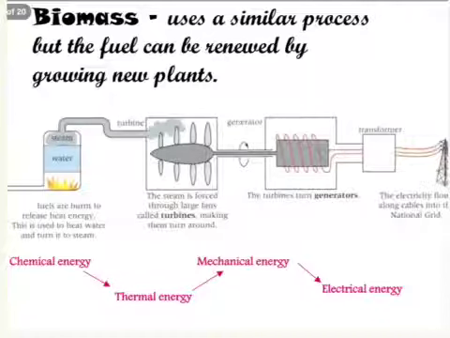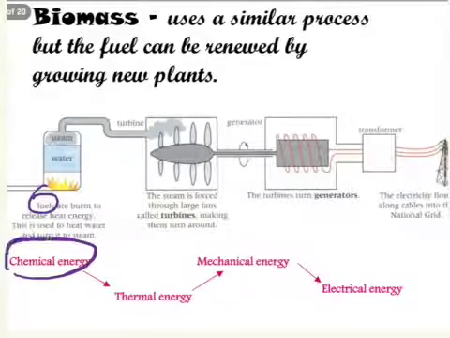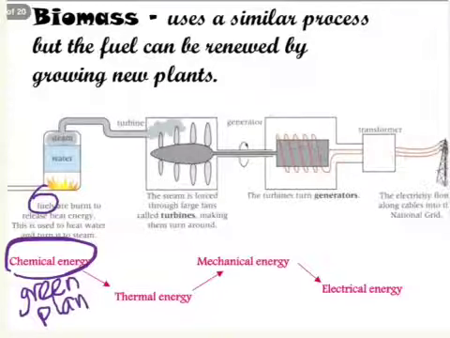Biomass uses a similar process to burning fossil fuels for energy, but in this case, we're growing new plants to burn. Once again, you're going to have a fuel. In this case, the chemical energy comes from green plants. Unlike fossil fuels, we're using plants that we grow.